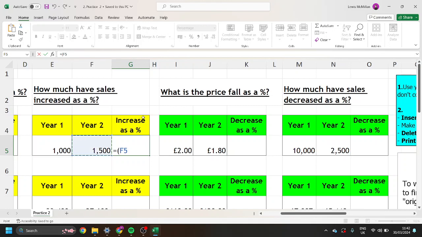So we take our year 2, we take that away, or take the year 1 away. So year 2, take away year 1. So now this formula here is representing 500. We're going to divide that by the original. So essentially what we're doing is 500 divided by 1,000 to find out that it is a 50% increase.